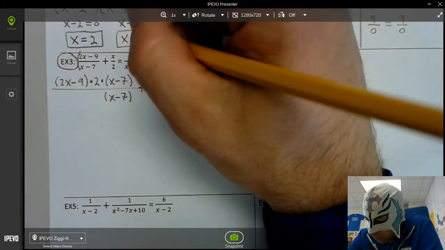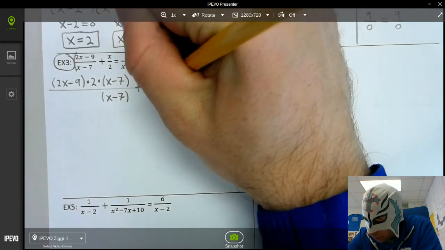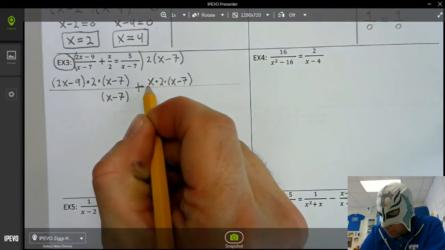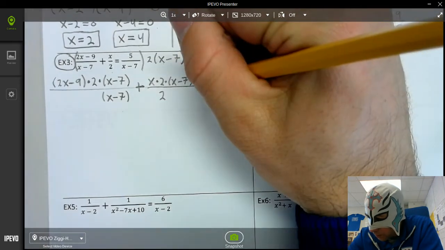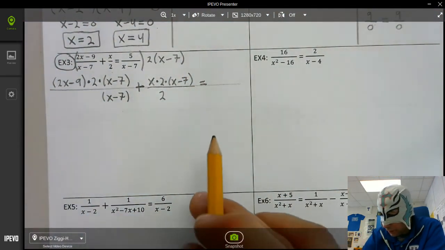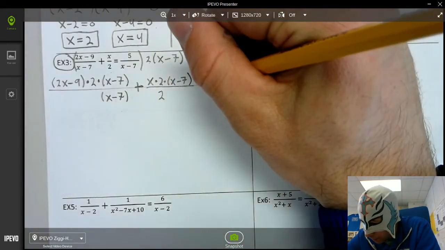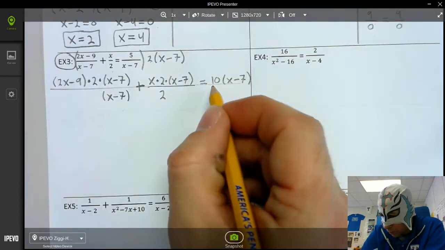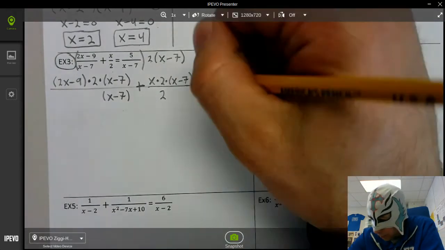Okay, so plus x times 2 times x minus 7 divided by 2 equals, and to save some space here, 2 times 5 is 10, so that's 10 x minus 7. This way it all fits into this box, divided by x minus 7.